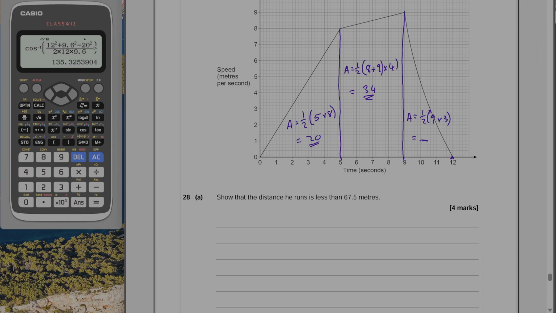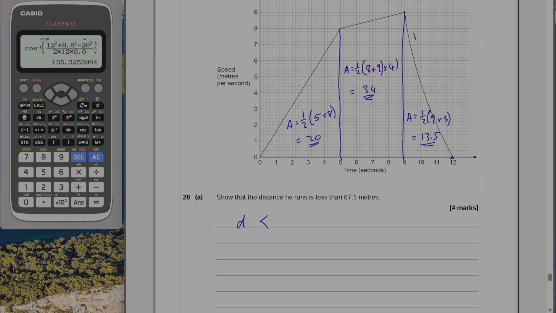So I've done that one wrong. 9 times 3 is, I added them. I was getting confused with this. Half of 27, which is going to be 13.5. Right, that's better.